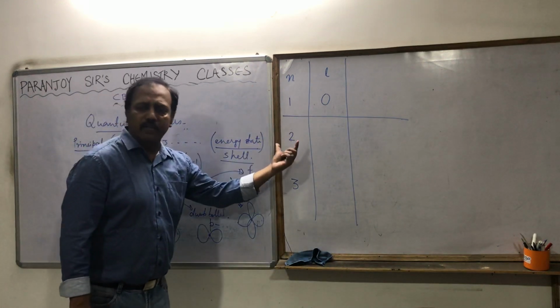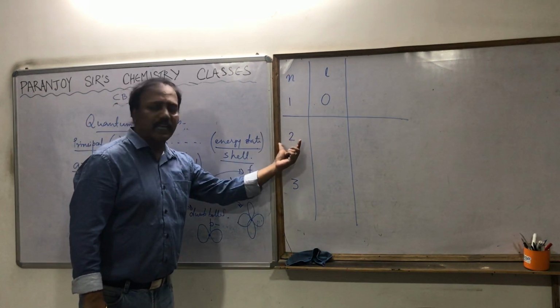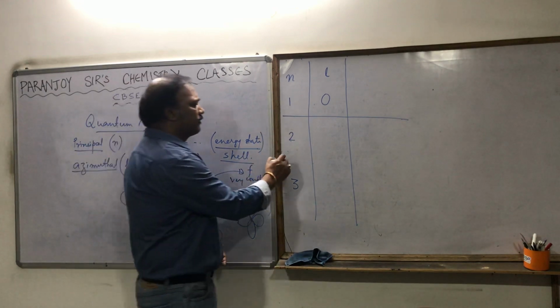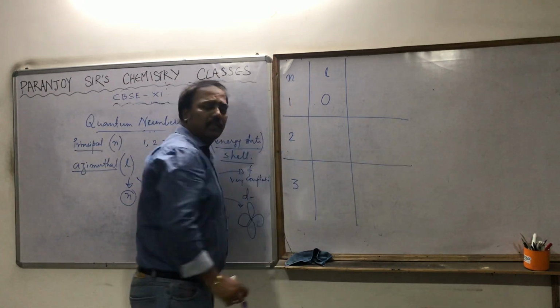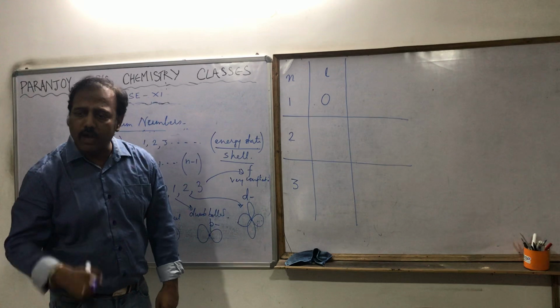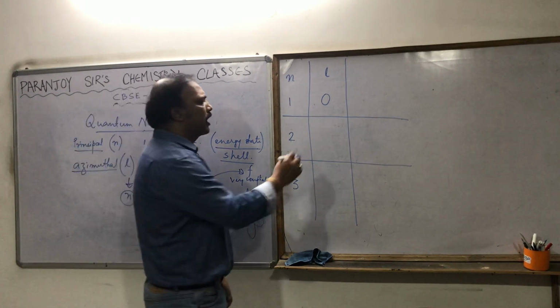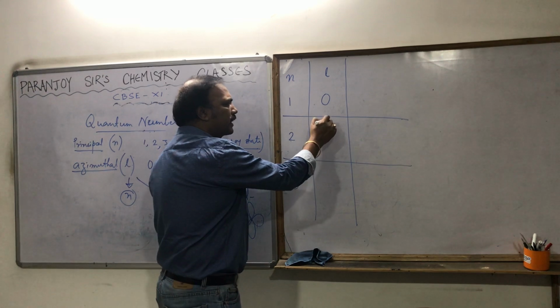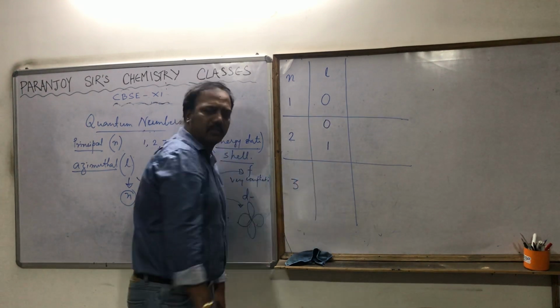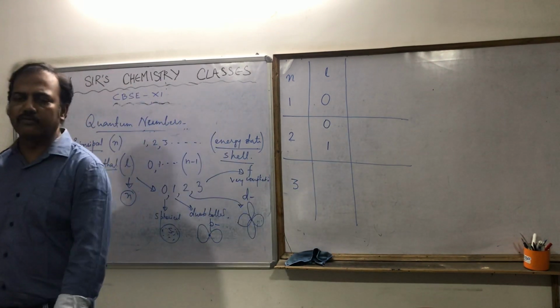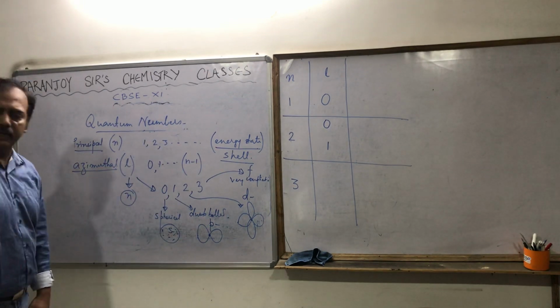If the value of n is 2, then what are the possible values of L? It ends at 2 minus 1, which is 1, but it starts from 0. So it can have values 0 and 1.